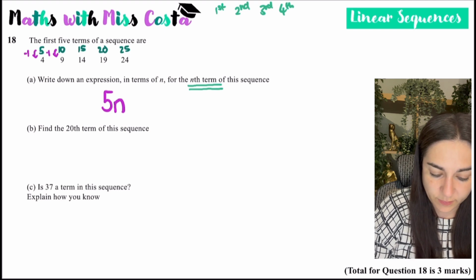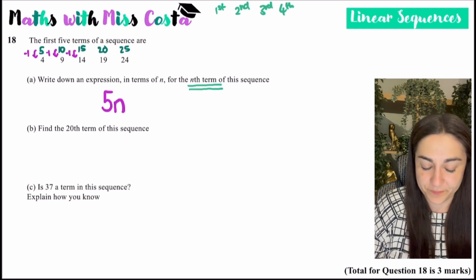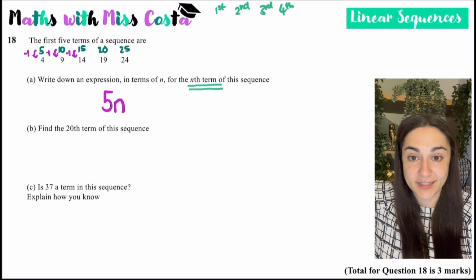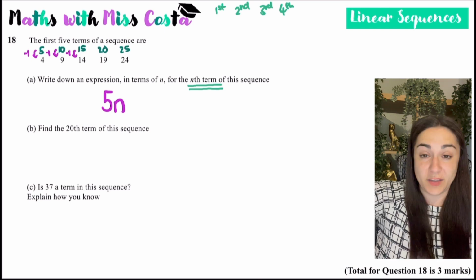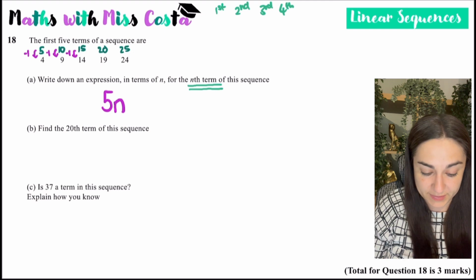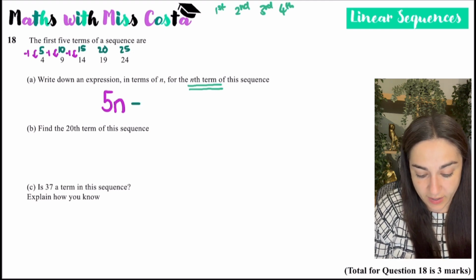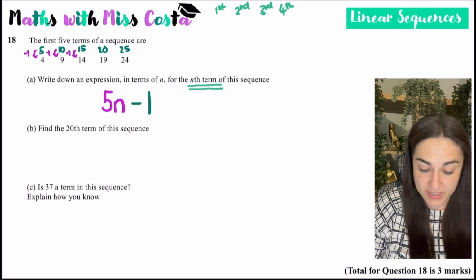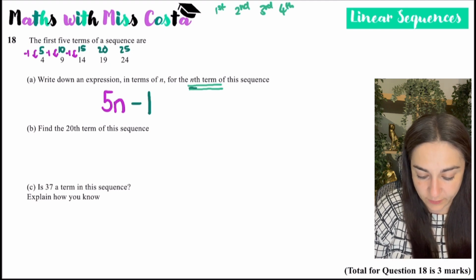How do I get from 10 to 9? I take 1. How do I get from 15 to 14? I take 1. So you write the times tables above your sequence, and then you find the difference from the original times table to the sequence. So to get from 5 to 4, I'm subtracting 1. So I'm going to write -1. And that's all I need to do to find the nth term of a sequence.